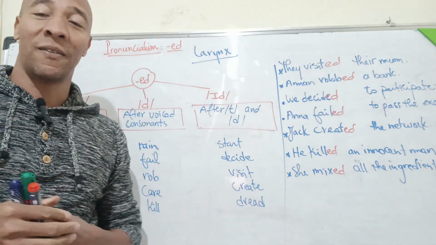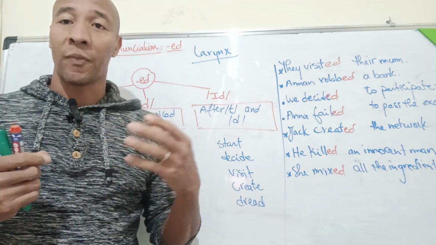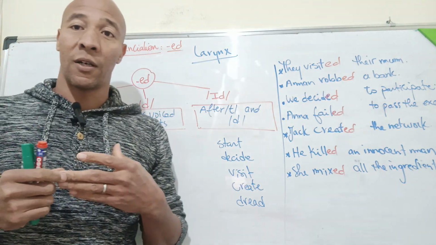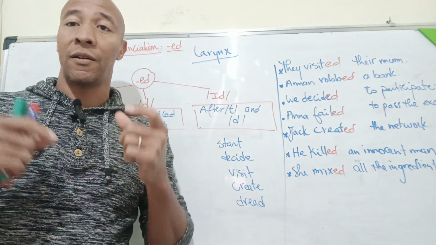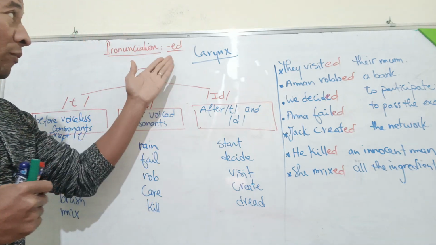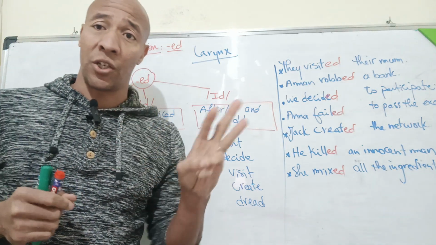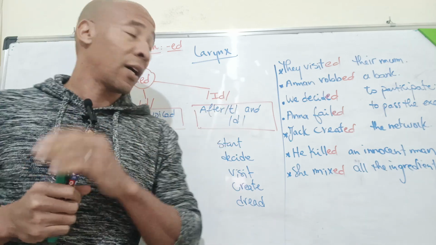Okay, today we're going to see how we pronounce the -ed ending in regular verbs, in the simple past of regular verbs. It has three different variations, or we pronounce it differently. Three ways.